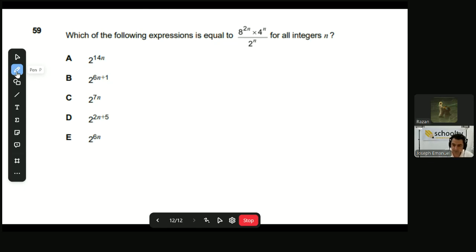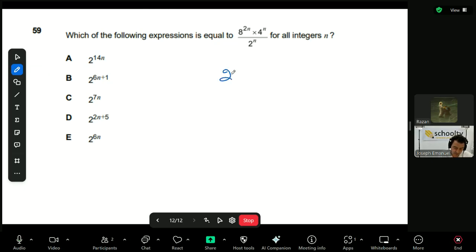Okay, let's try to make it easier. 8 is 2 to the power of 3. 4 is 2 to the power of 2. I think it's an easy question, yeah.